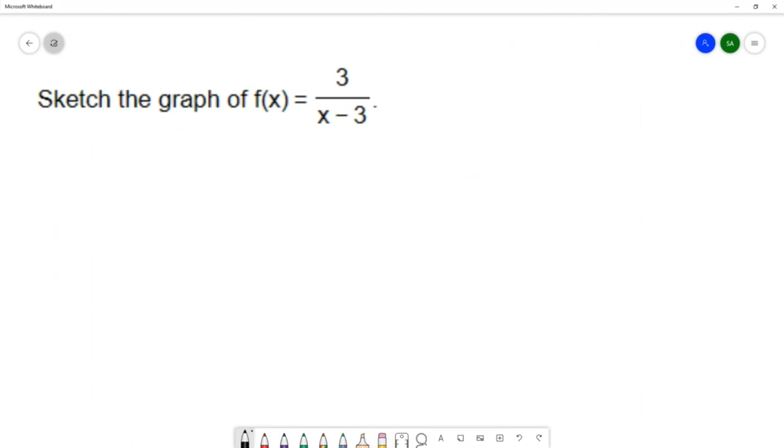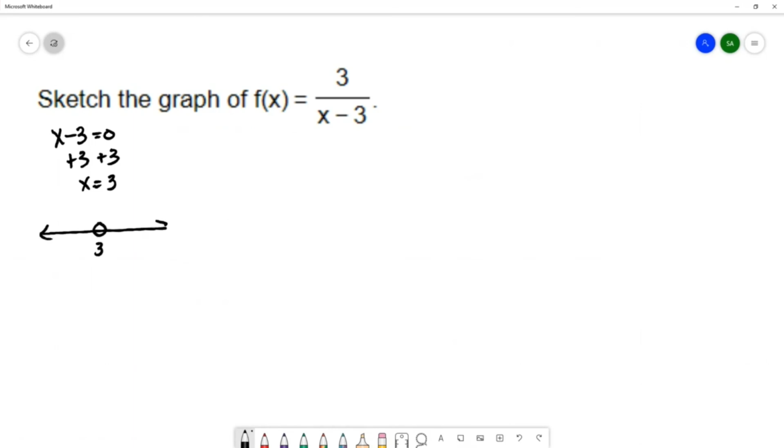And for a rational function, when we find the domain, we set the denominator equal to 0. This is going to give us any restricted values of the function. So I know that when x is equal to 3, this rational function will be undefined, so I need to exclude it from the domain.